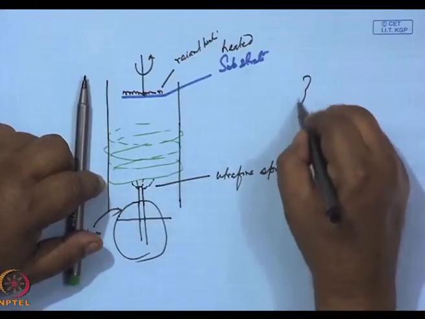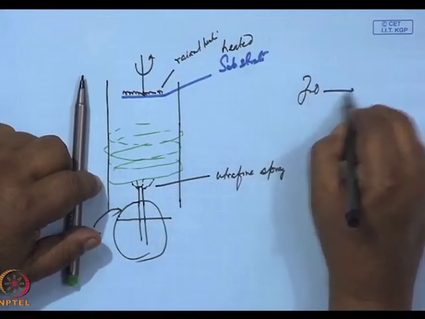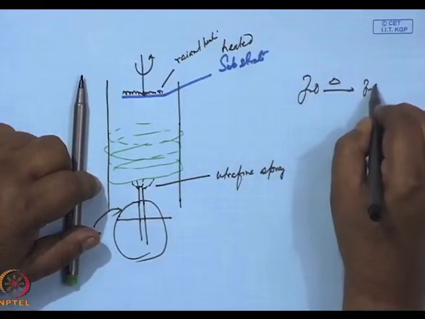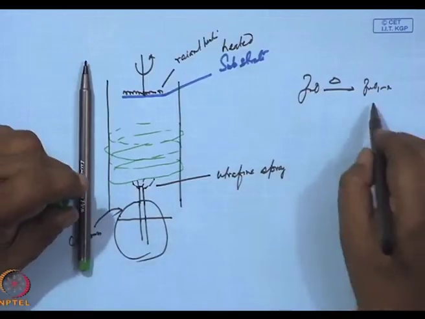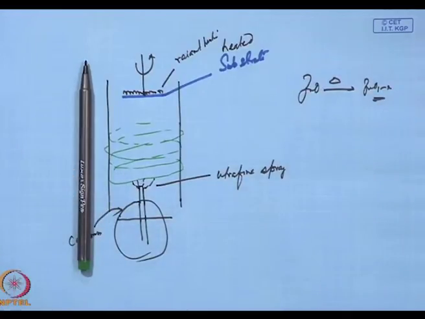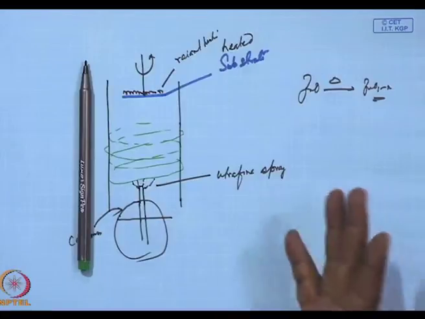Now, all of you know that zinc oxide loses oxygen when heated. It loses oxygen. The lattice expands.